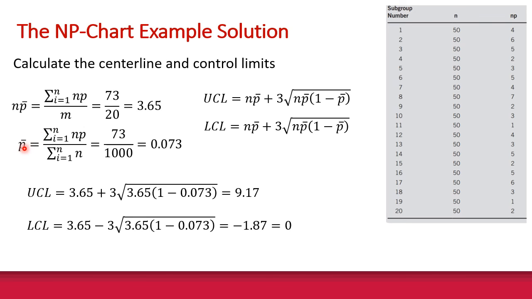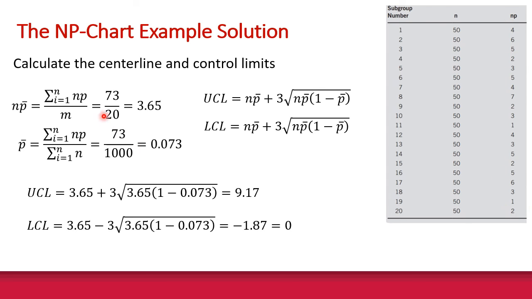P bar is simply the probability of one of those being bad. So it's the sum from i equals 1 to m of NP. What are we doing here? Well, we're simply adding up all of these NP values. In this case, it would be i equals 1 to 20, summing all these up: 4 plus 6 plus 5 plus 2 all the way down to 2.